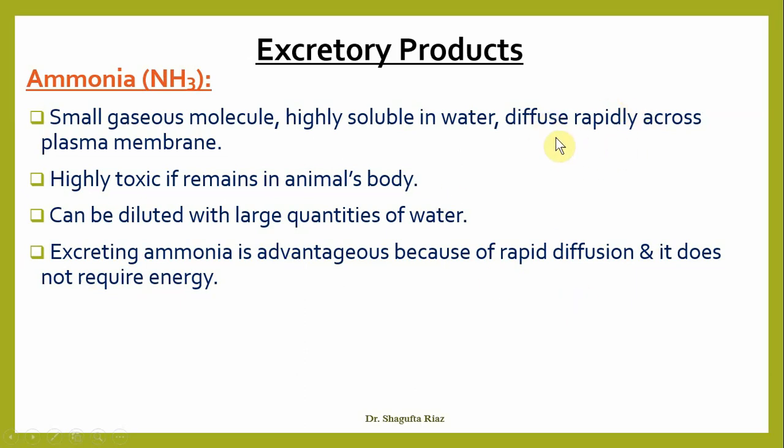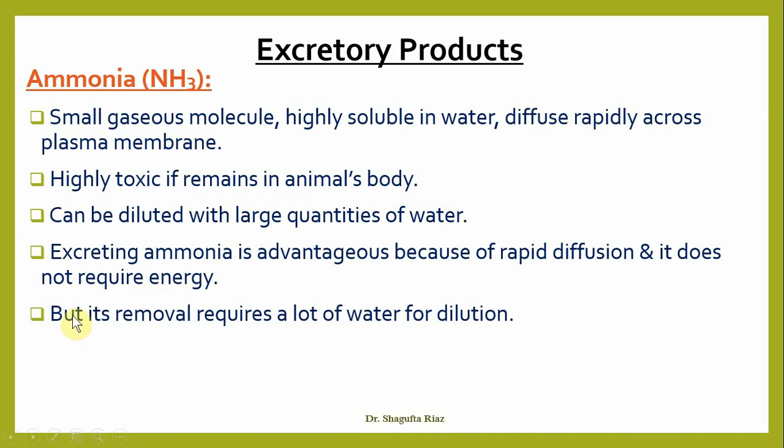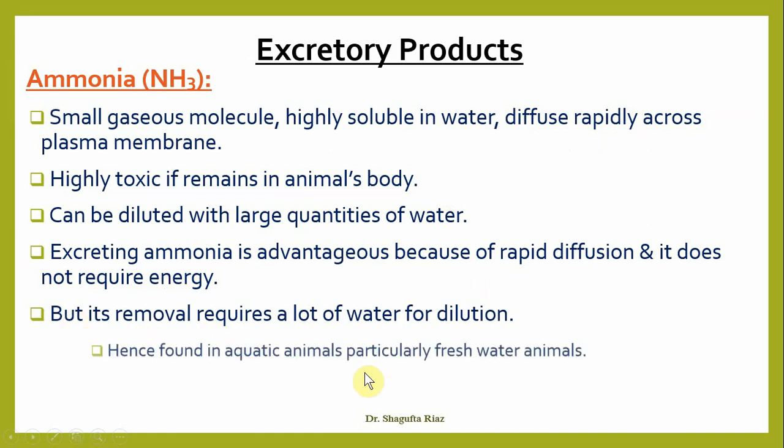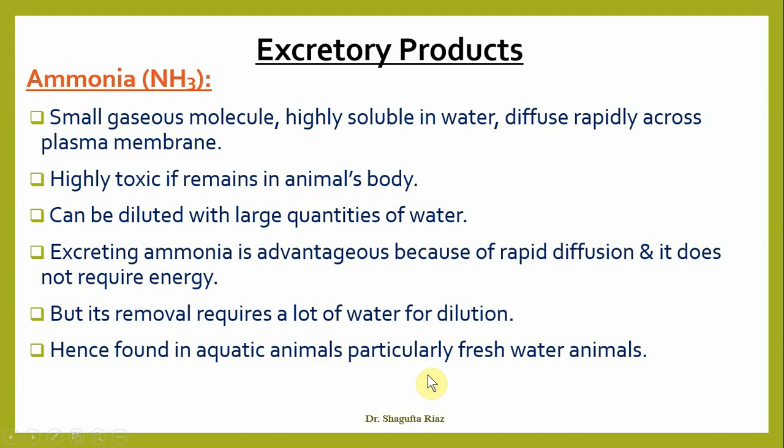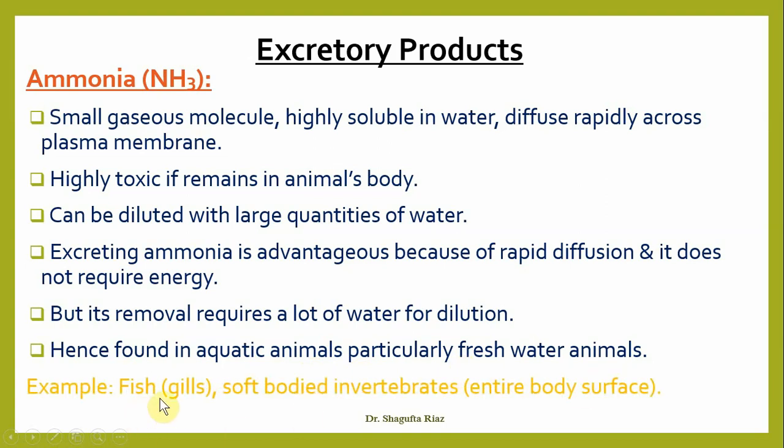Here I have discussed that they can rapidly diffuse across the plasma membrane, and because of that it will not require energy, but its removal requires a lot of water for dilution. That's why it is found in aquatic animals, particularly freshwater animals. Examples: fish excrete ammonia through their gills. Soft-bodied invertebrates remove ammonia through their entire body surface.